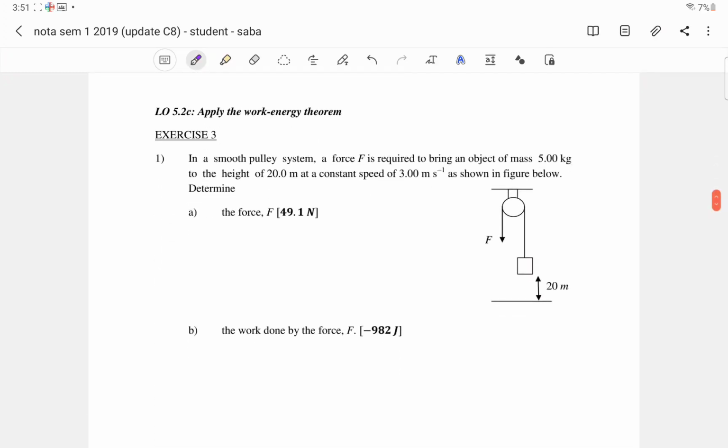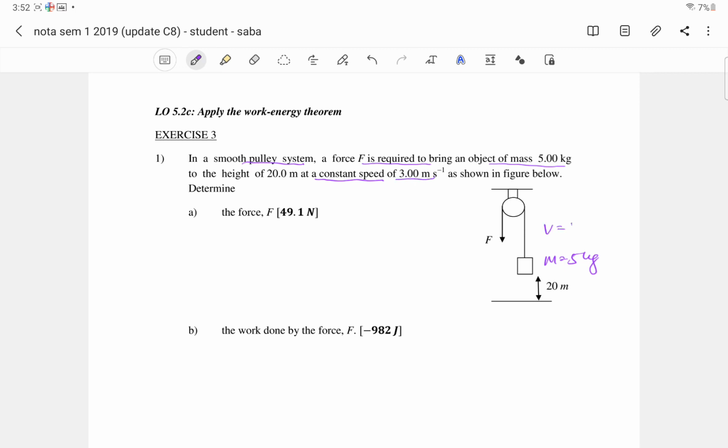Alright, so first 5.2c, apply the work energy theorem. For exercise number 3, in a smooth pulley system, a force is required to bring an object, the mass of the object is 5 kg, to a height of 20 meters at a constant speed of 3 meters per second.